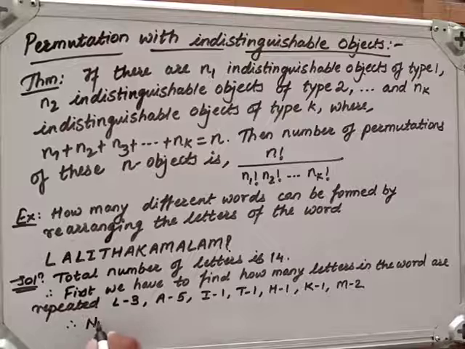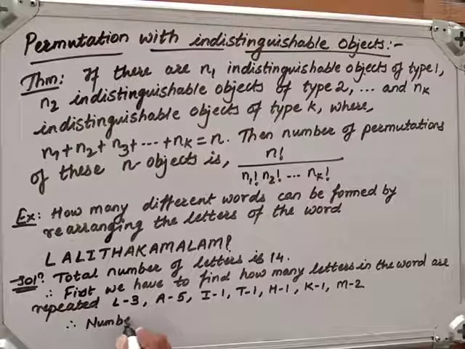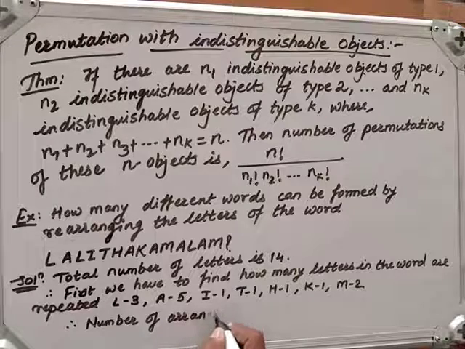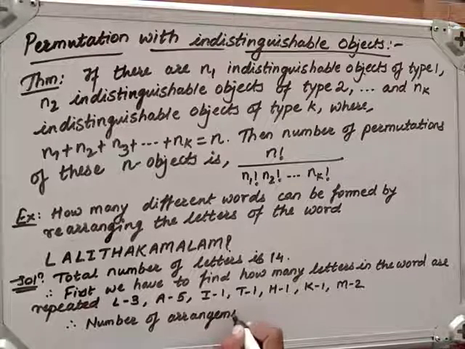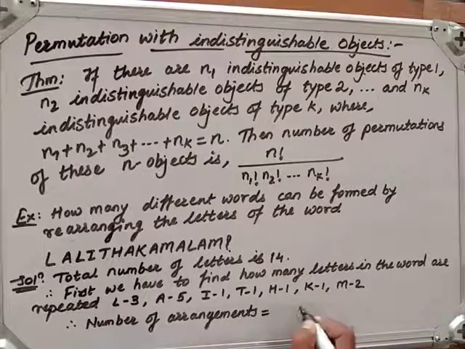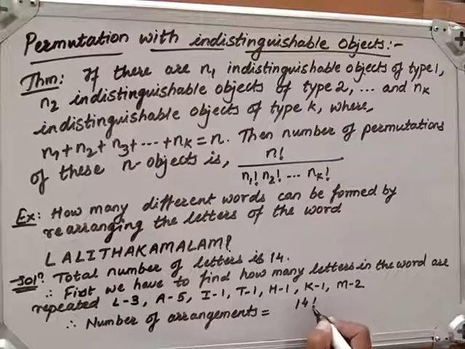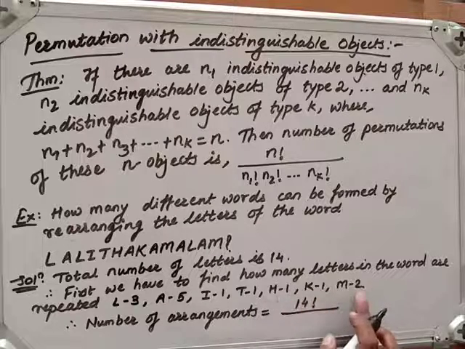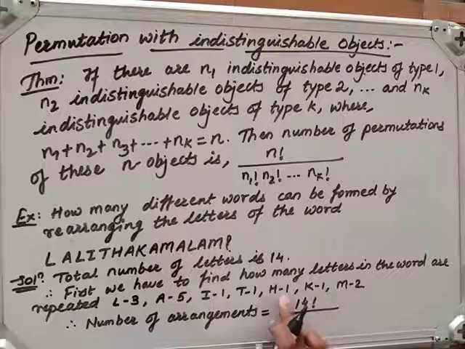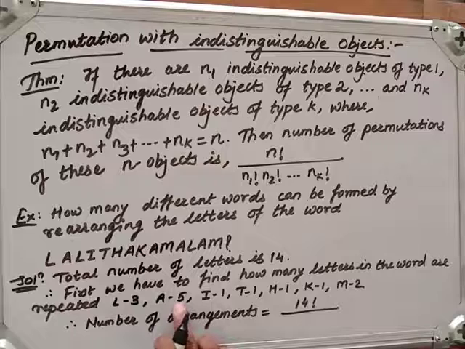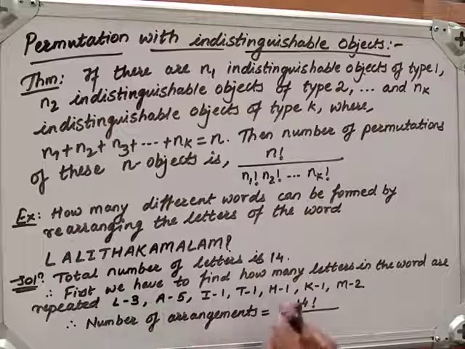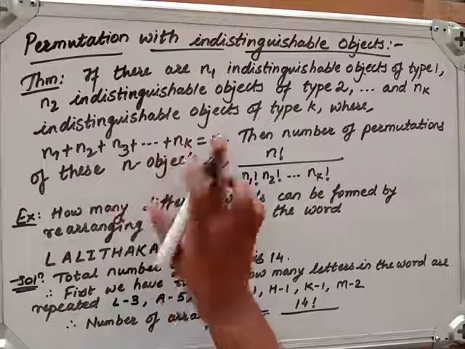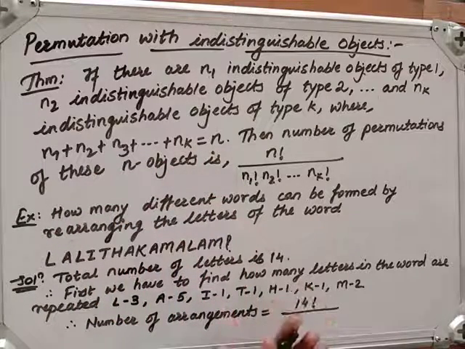Therefore, the number of arrangements is equal to 14 factorial, as the total is 14 letters. This sum is also 14. Look here: 2 plus 1, 3 plus 1, 4, 5, 6, 6 and 5, 11, 11 plus 3, 14. It should happen that n1 plus n2 plus n3 and so on up to nk equals n; then it is okay.